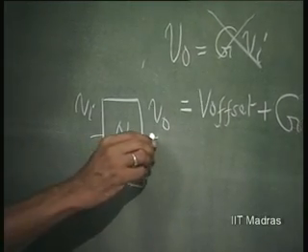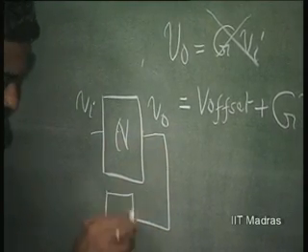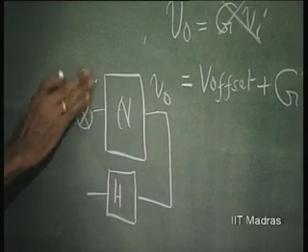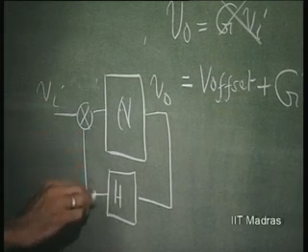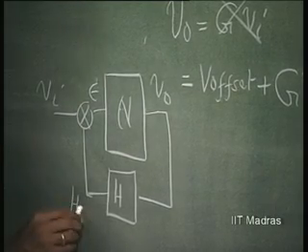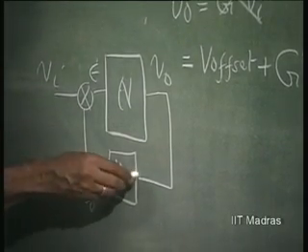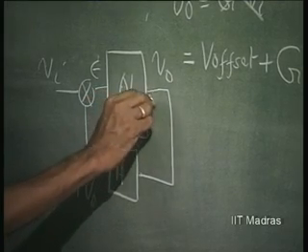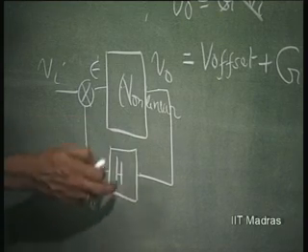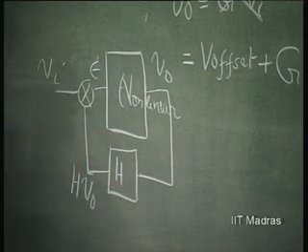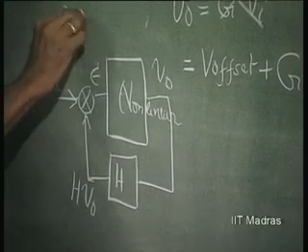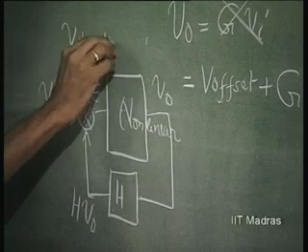So, now I give feedback H. V I is going to be this, and this is only going to have error here, which is H times V naught. This is linear. We are assuming that this is non-linear and this is linear, because this is made out of passive components here. So, we can afford to make this very linear. So, this error is nothing but V I minus H times V naught.